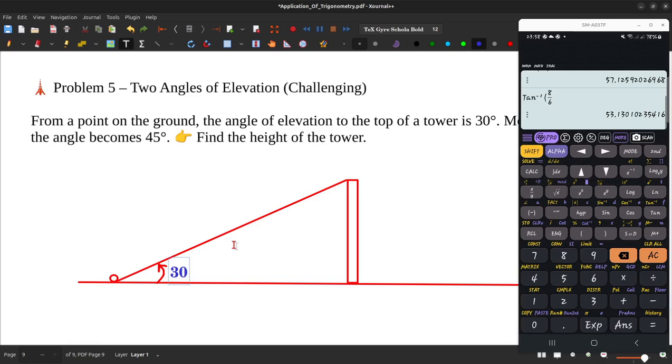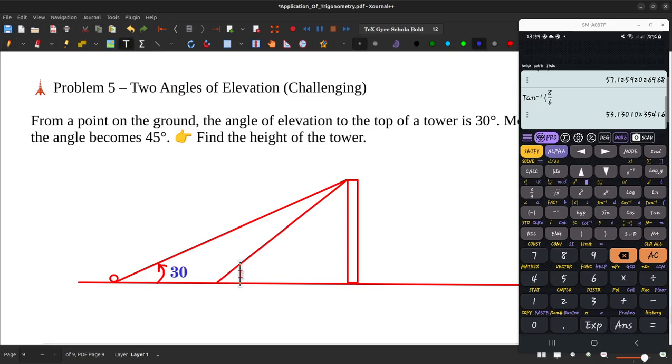Now, moving 20 meters closer. If we decide to move 20 meters closer, that means the point is no longer here, it's now here. Still going to the top of the tower, the angle becomes 45.